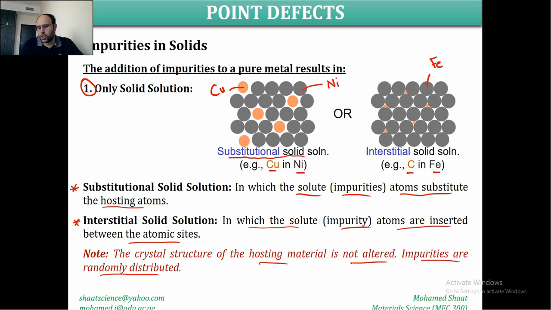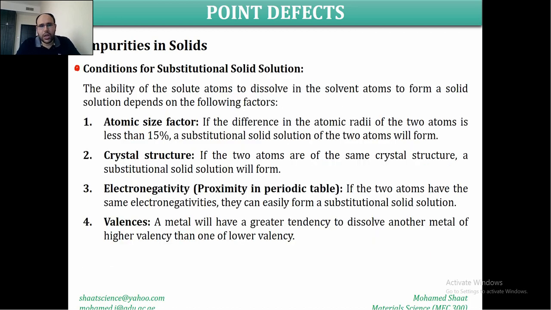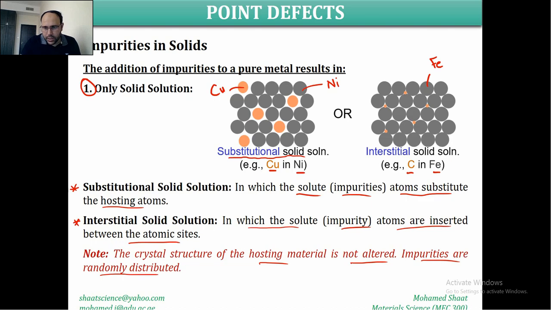So the question is, what are the conditions in general that would be needed to achieve substitutional solid solution? Interstitial solid solution is more likely to happen than the substitutional solid solution.